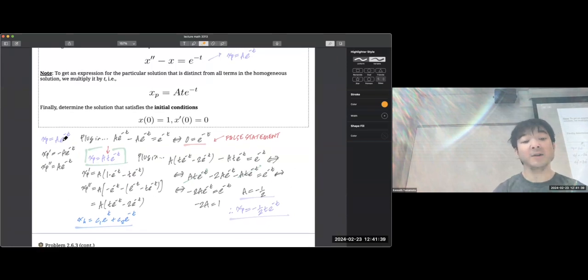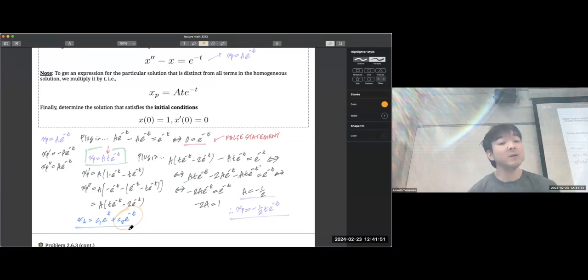But immediately there's an issue, because there are two homogeneous solutions to this differential equation, one of which looks like this, c2 e to the negative t. So what does this mean? This means that if you plugged in c2 e to the negative t into this differential equation, it will satisfy the differential equation with a 0 on the right-hand side, because this is a homogeneous solution. Each of these are homogeneous solutions.